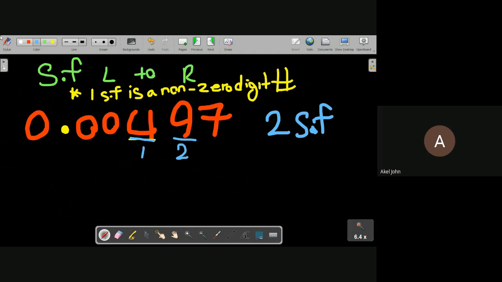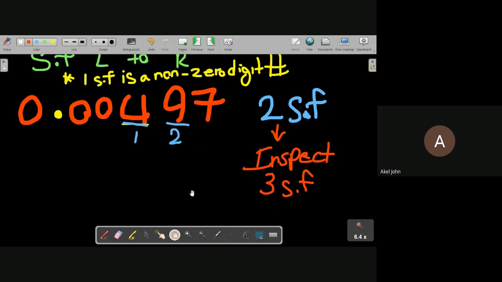And since they ask us for 2 significant figures, we need to inspect, very similar to the decimal place we would have done, the third significant figure. And again, it is very similar.